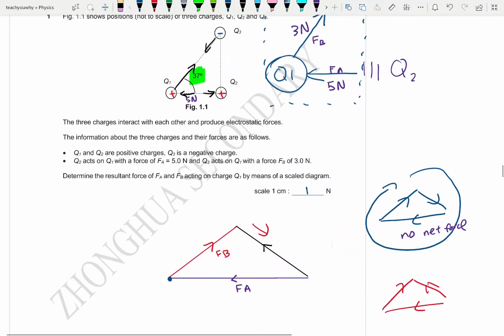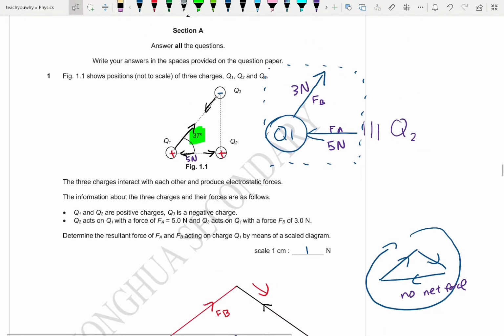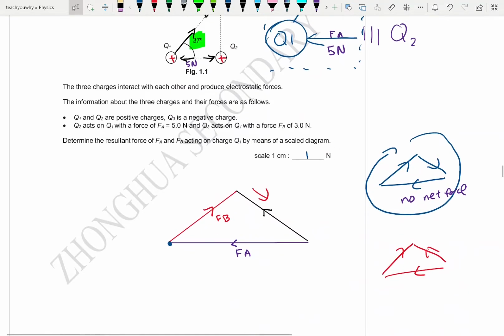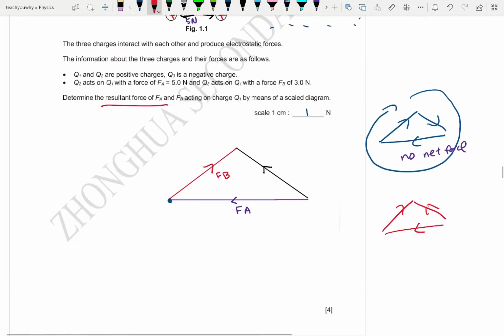And how do I know that there is a resultant force? Firstly, the question typically will say, and in this case the question did say, that this is the resultant force of FA with FB. Hence we have this scale diagram.